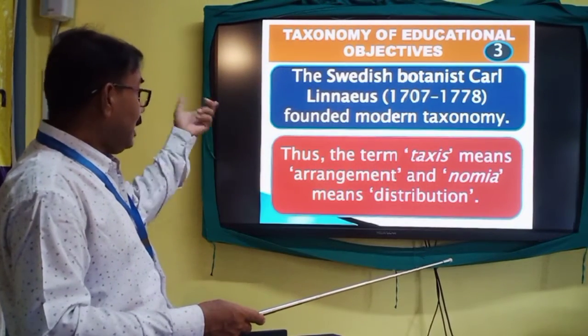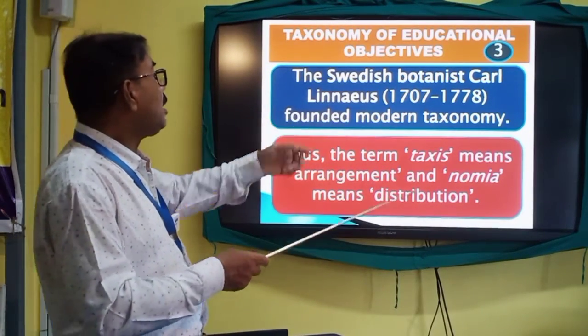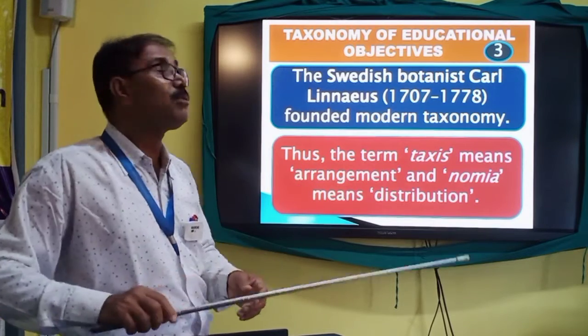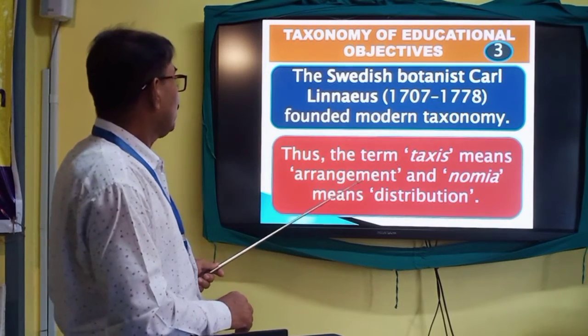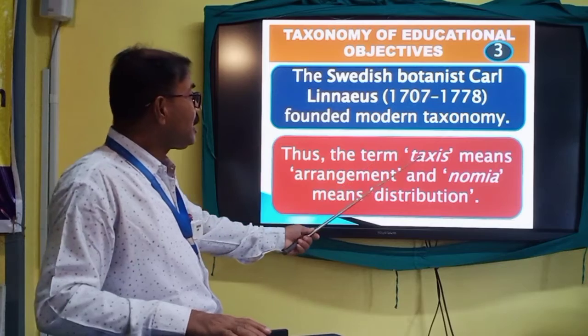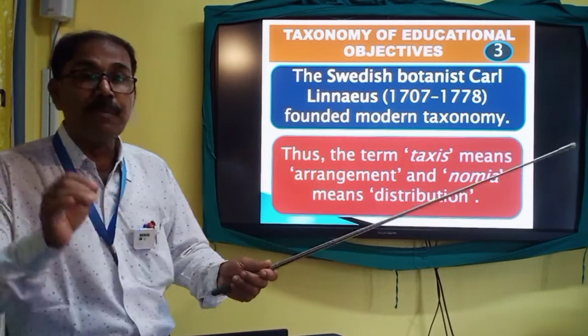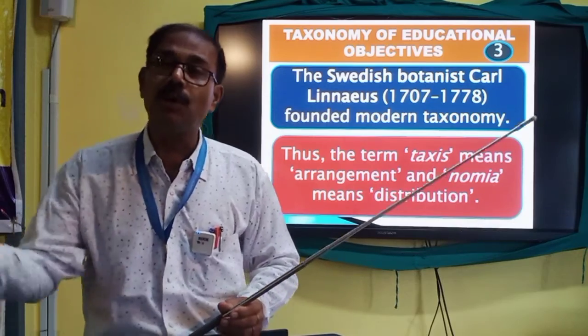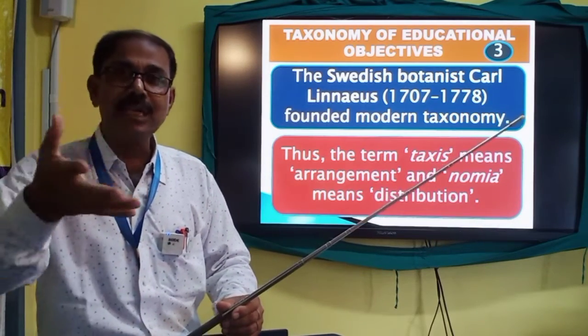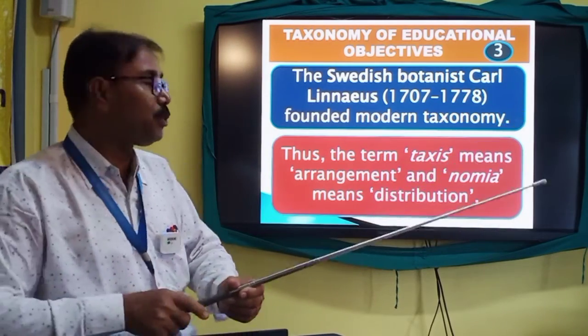Carl Linnaeus founded modern taxonomy in science, particularly in botany. Thus, the term taxis means arrangement and nomia means distribution, or the method for the distribution of various objectives of the process of education.